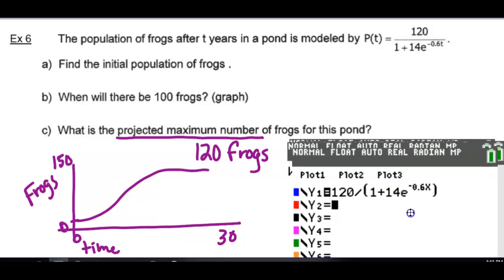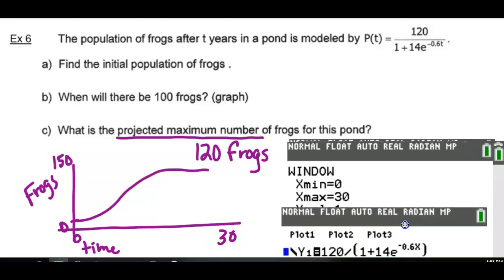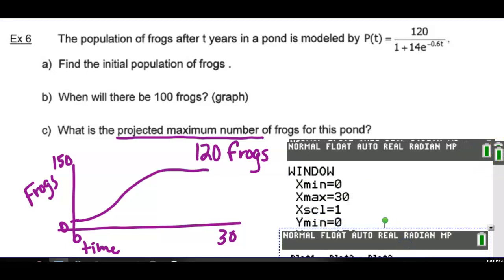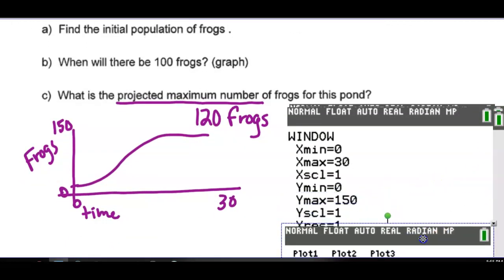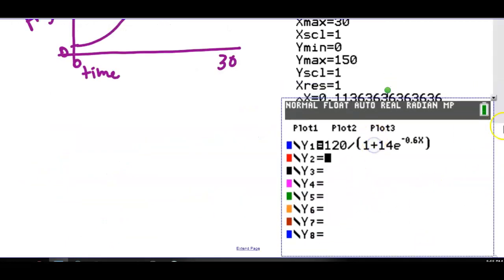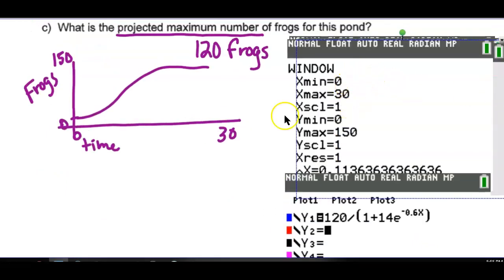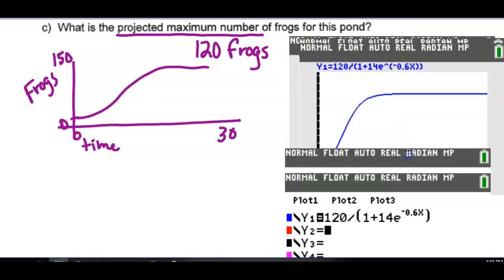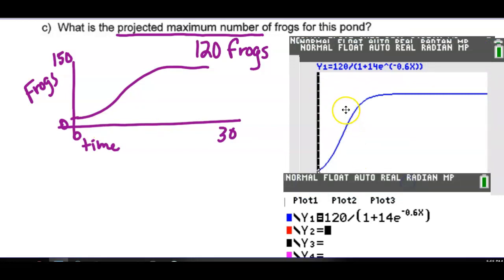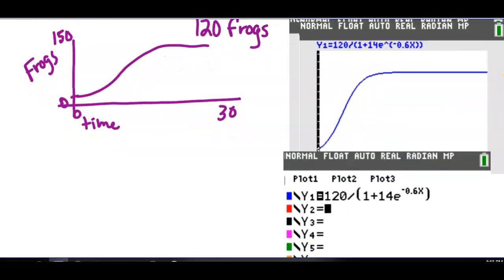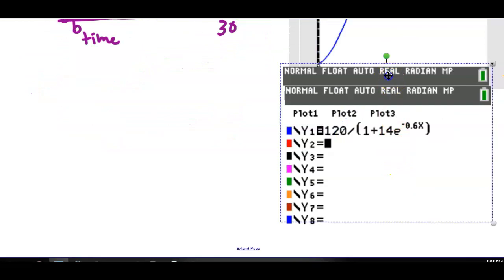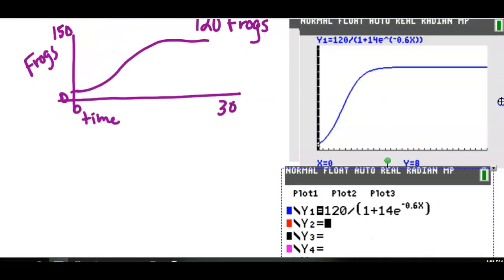So the window I used was 0 to 30 on x's and 0 to 150 up and down. Then when I hit graph, this is what I got for a picture on my calculator screen.